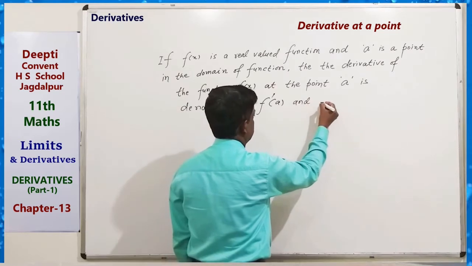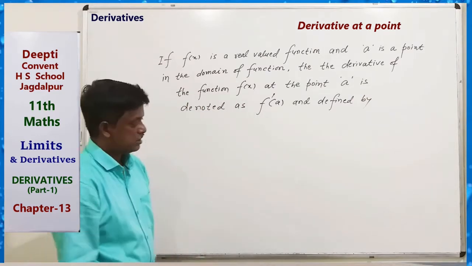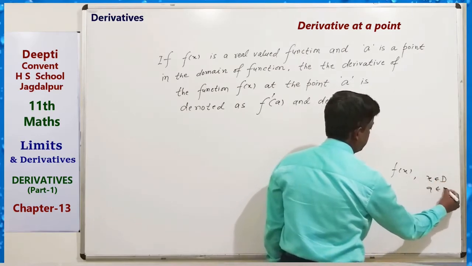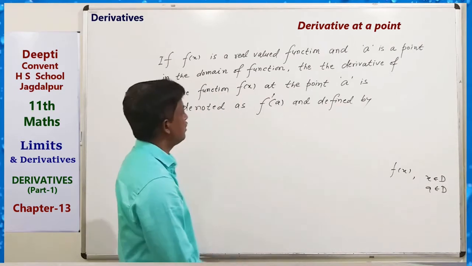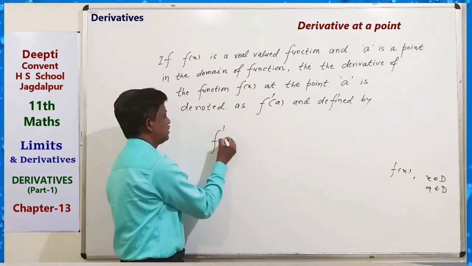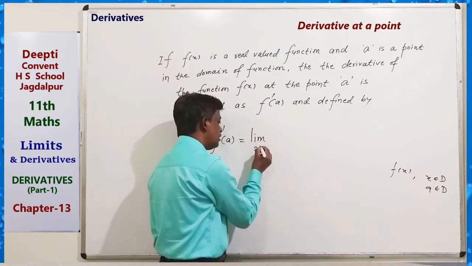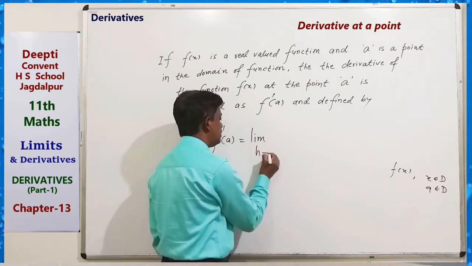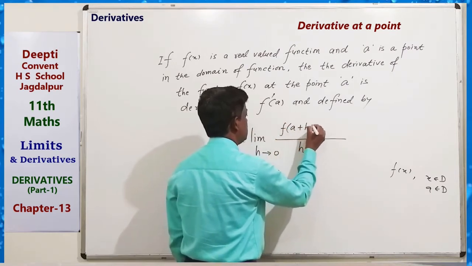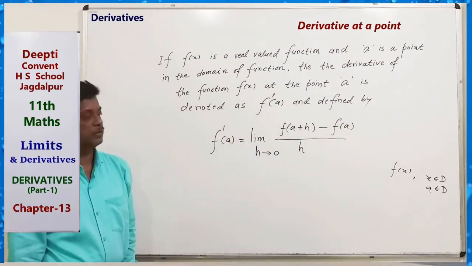If the function is defined and a is a point of the domain, then the derivative of the function at a is denoted like this, and f dash a equals the limit as h tends to 0 of f(a plus h) minus f(a), upon h.